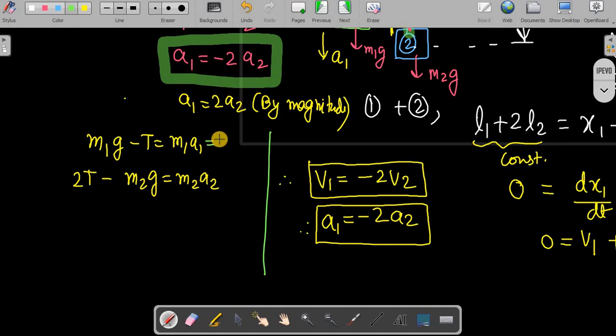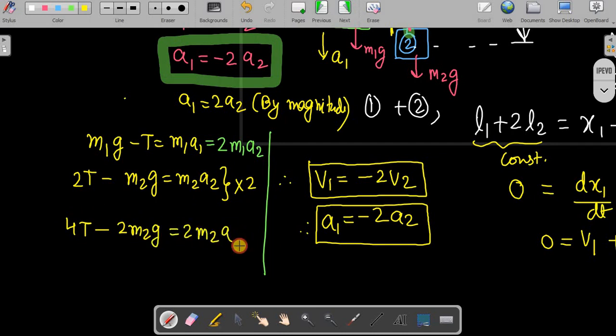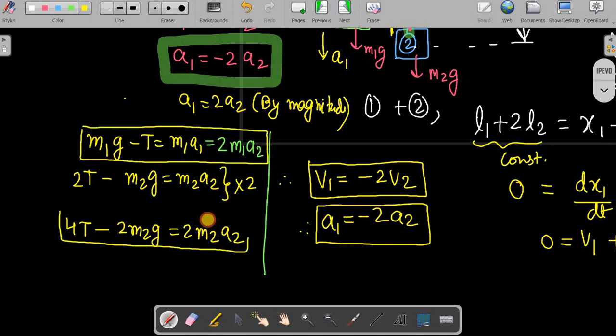Now what I am going to do is substitute here, by magnitude, so this will become 2 times m1a2, right? So I will multiply this equation by 2, so it will become 4T minus 2m2g is 2m2a2, right? Now you can see this equation and this equation, right? You can subtract them.